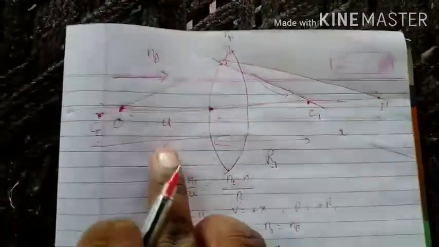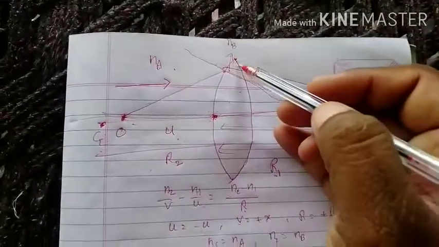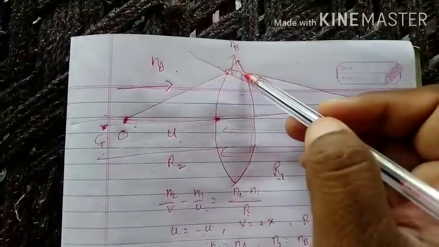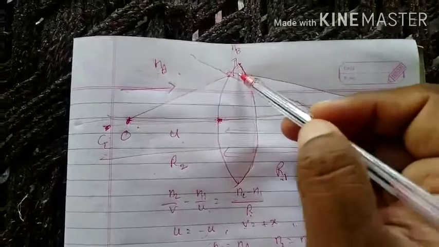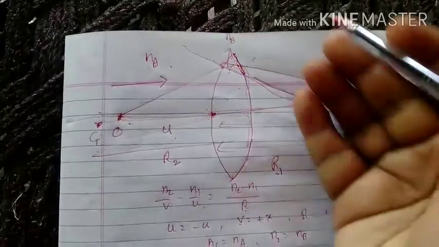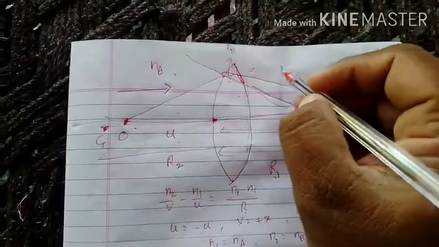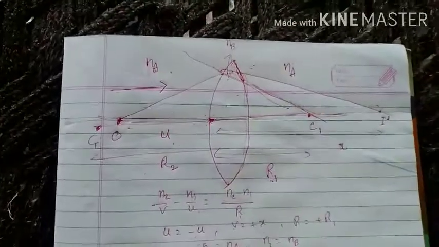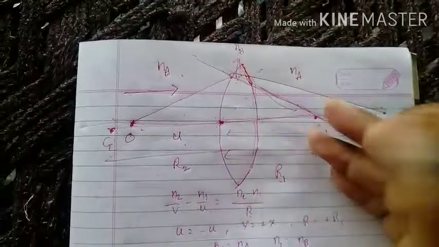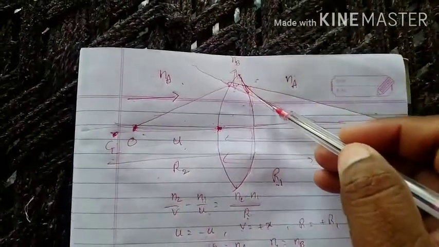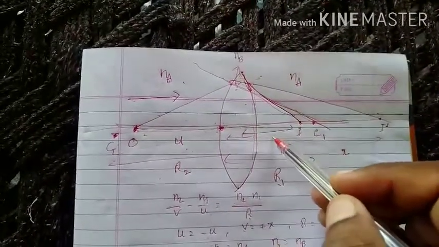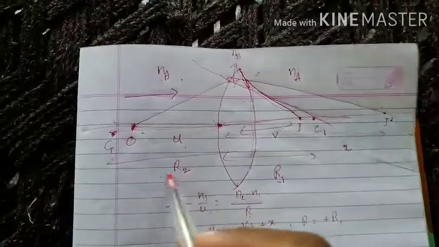By doing this, what is going to happen when the second surface is taken? The image at I dash will take refraction again, because here there is change of medium. The light is traveling from NB medium. By cutting here, we are going to have atmosphere, and this side we are having NA medium. So light is now propagating from NB to NA, and the light takes refraction and produces an image I at somewhere. Let this image distance be V.